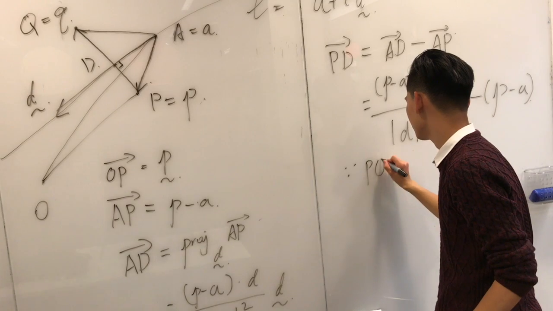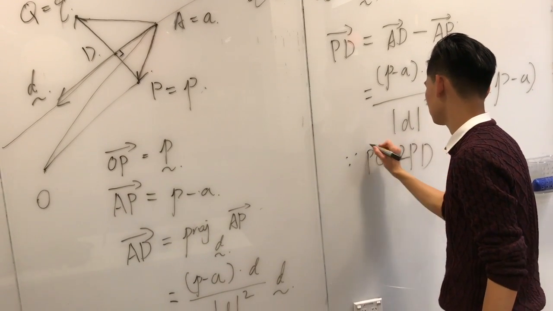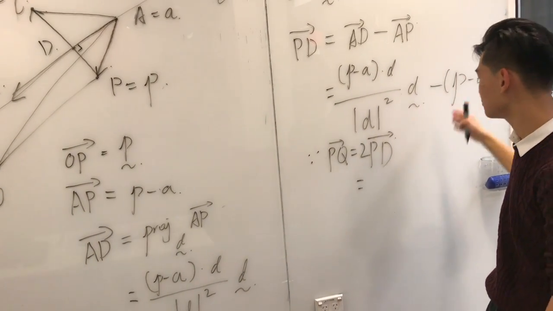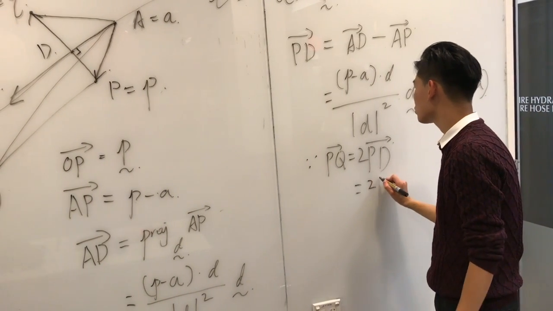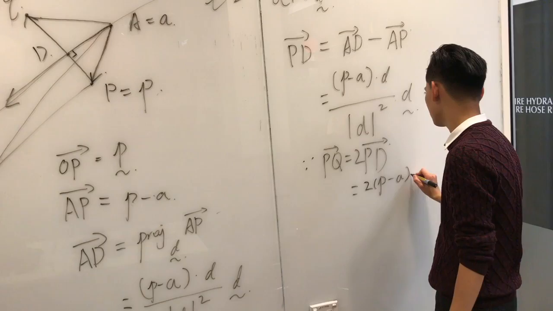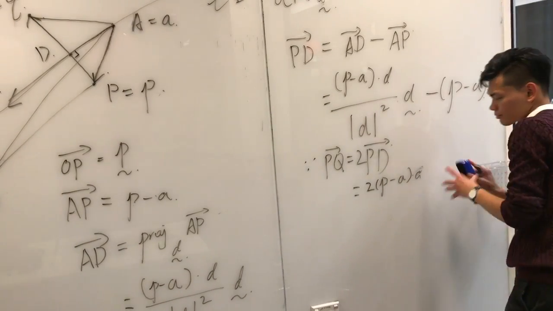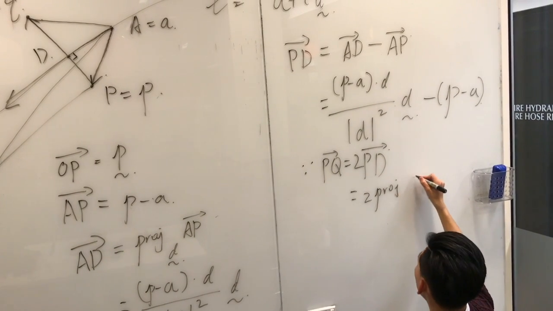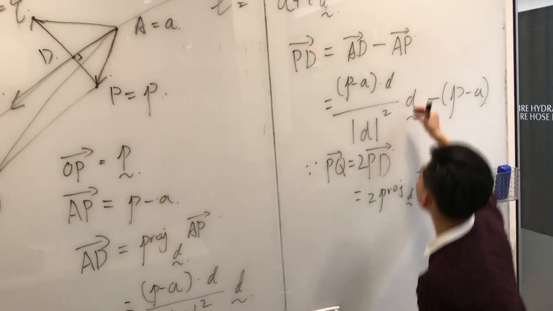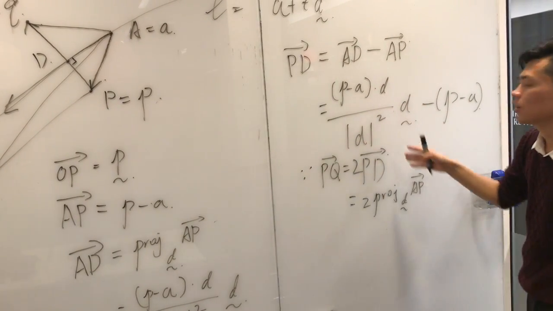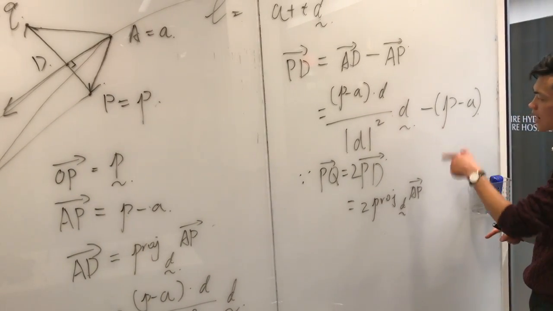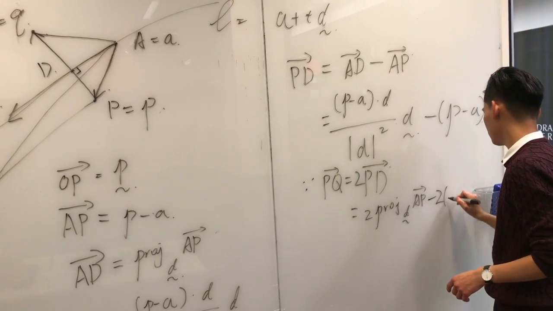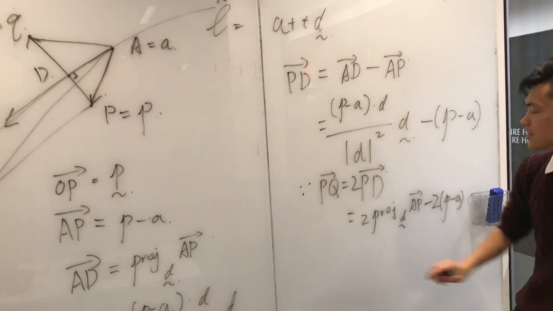Since PQ equals 2 PD, of course as vectors, it's supposed to be twice this expression. For simplicity, we just write the projection of AP on D: P minus A dot D divided by modulus D squared, times vector D. We just write 2 times the projection of AP on D minus 2 times P minus A. Okay, this is our PQ.